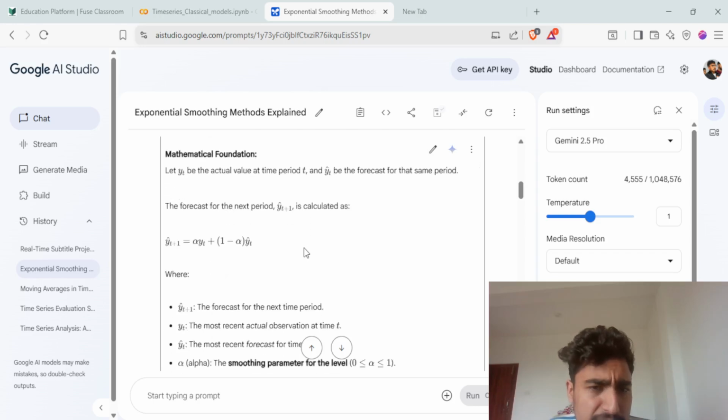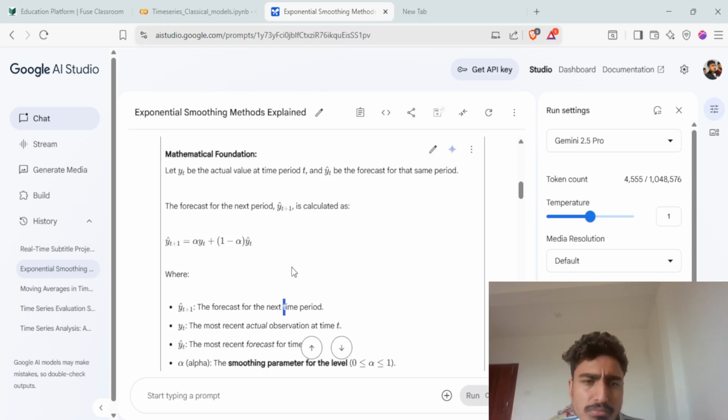Looking at the mathematical foundations, this is the major expression for SES, where we are predicting the forecast for the next time period, and alpha is the smoothing parameter whose range is from 0 to 1.